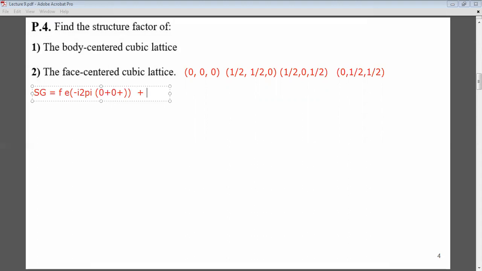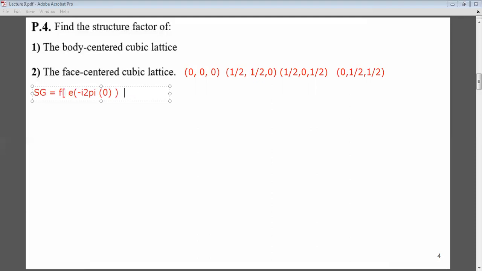Plus for the second atom it will be F exponential minus, V1 times 0 plus V2 times 0, so this will be 0. This is the first term for the first atom.